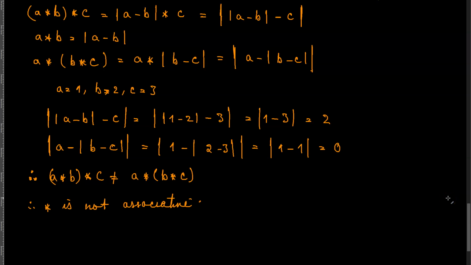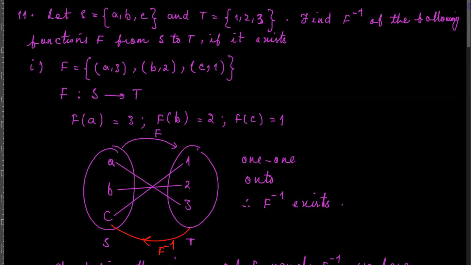Now the next part of this question, we want to show that we had another relation on R, and that relation was the relation O, which was a relation on the set of real numbers defined by AOB is equal to A for all A and B belonging to R, right?